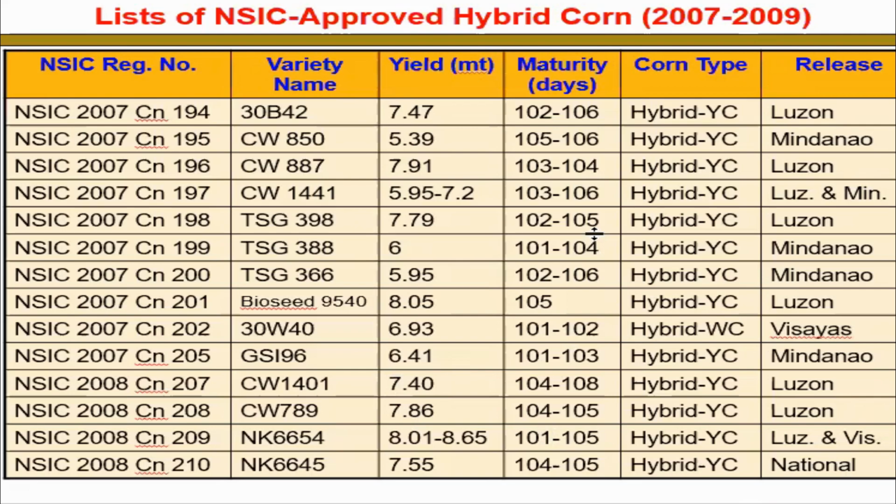Almost all corn farmers in Mindanao used hybrids, but I think that today it is diminishing because of the infestation of Asian corn borer and other pests occurring in hybrid corn, compared to the genetically modified or Bt corn, which is tolerant to different kinds of insect pests occurring in our corn.